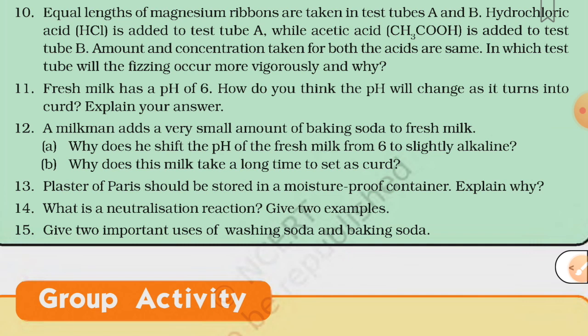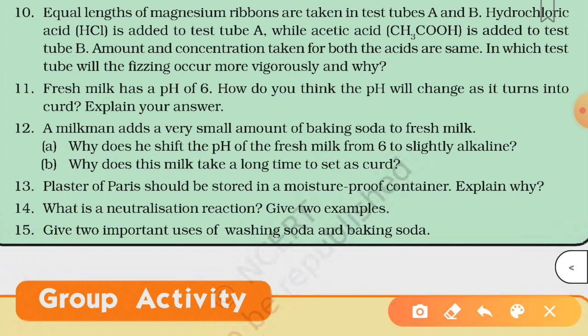So the milkman has used a trick. The milkman has put some baking soda in fresh milk. This will help the milkman sell the milk, and as I said, this will shift the pH of the milk and it will take longer to become curd.